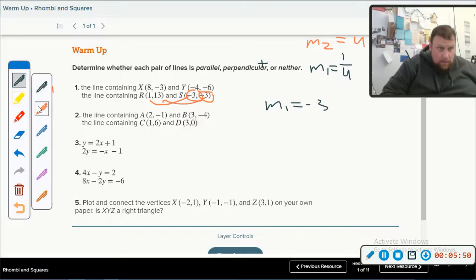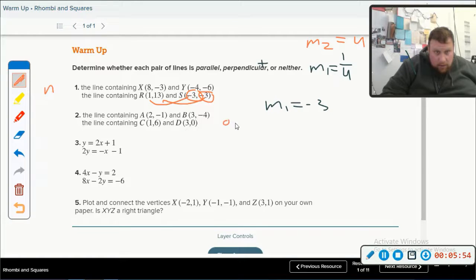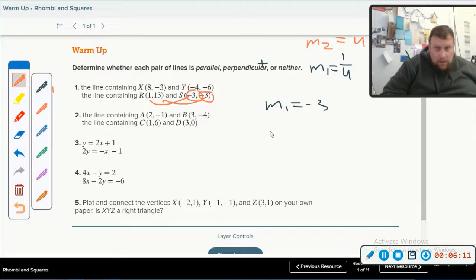And then for M2, we're going to have 0 minus 6 all over 3 minus 1, which equals negative 6 over 2, which equals negative 3. Boom. So I have my M2 equals negative 3.